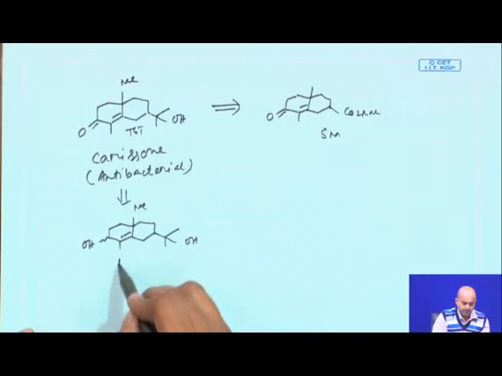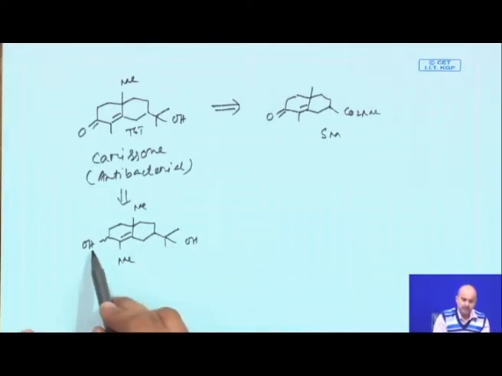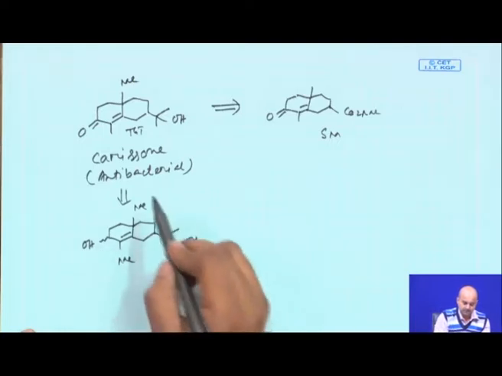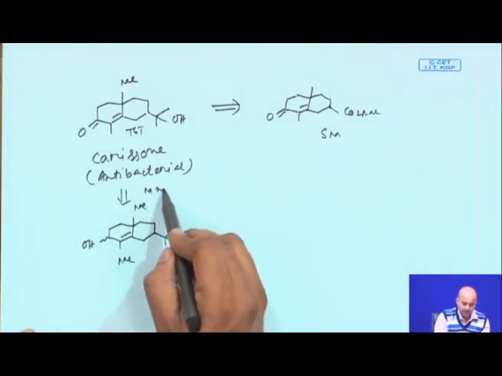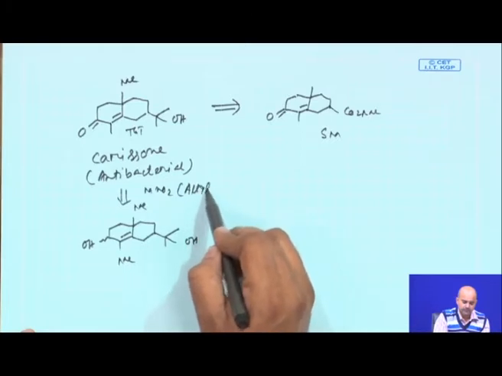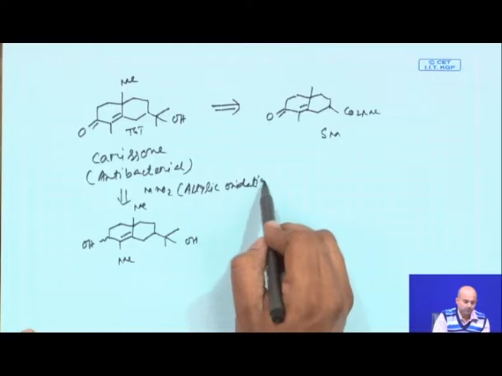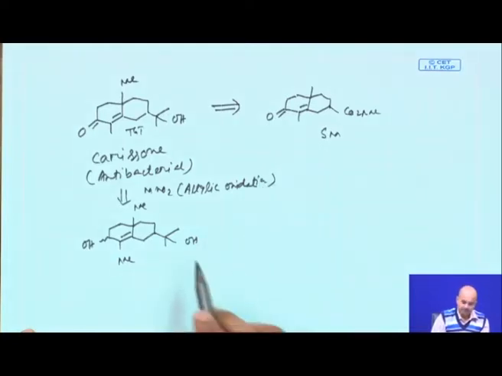If you have this intermediate, which is basically an allylic secondary alcohol and a tertiary alcohol, you can do a selective oxidation by an allylic oxidizing agent like manganese dioxide, which is known for allylic oxidation. Is it not?